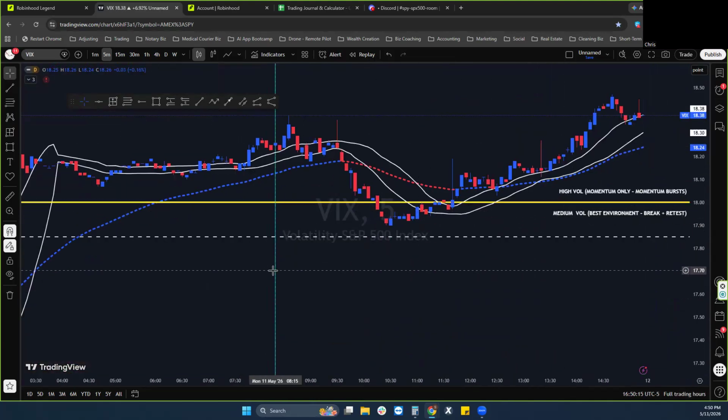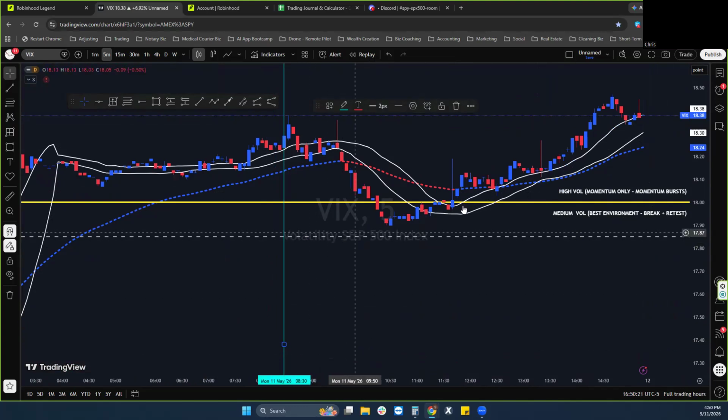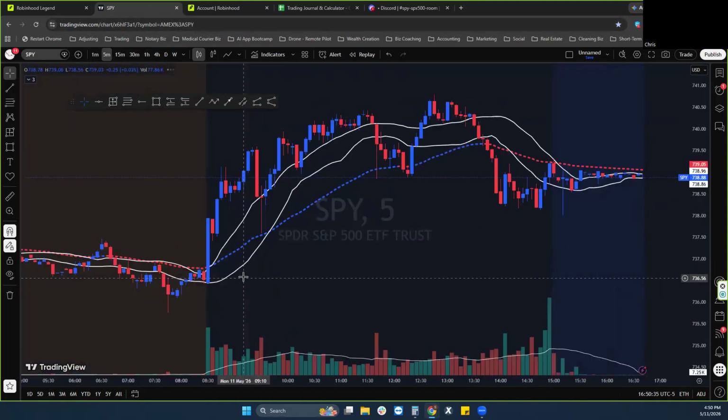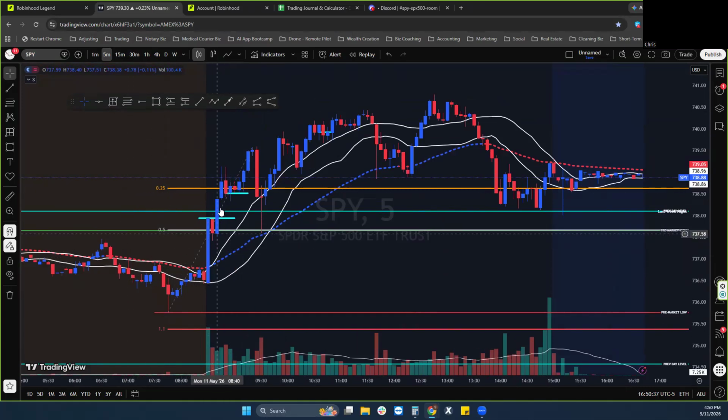And if we go to the VIX, see what we were looking for on the VIX. At the open, 8:15 right before, and we had 8:30, price is above 18. So medium to high volatility, looking for momentum bursts, looking for momentum plays at the open. And if we go back to SPY, you see this burst right here, that push up.